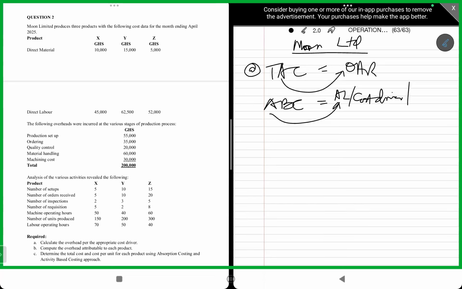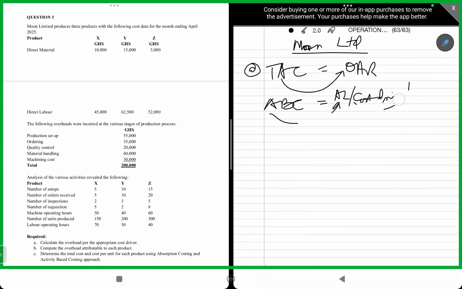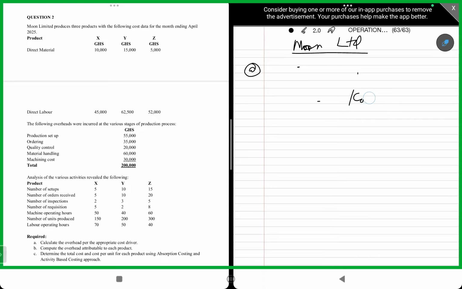So let us first find the traditional absorption costing. It says per the appropriate cost driver. Cost driver here means activity level. So let us first find the traditional absorption costing. I'll use TAC to represent traditional absorption costing.